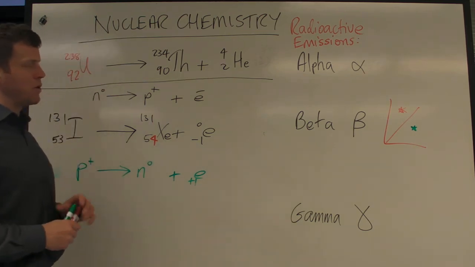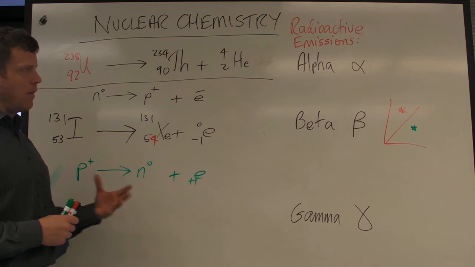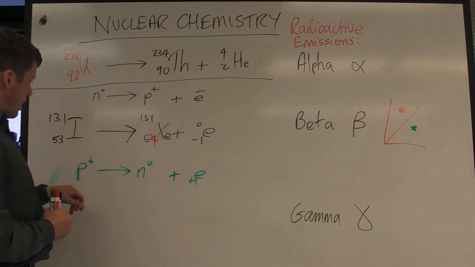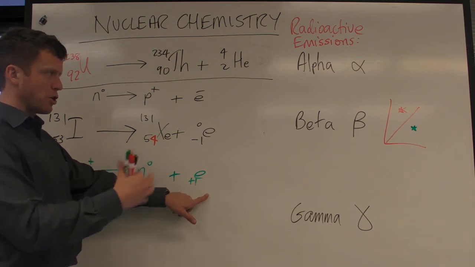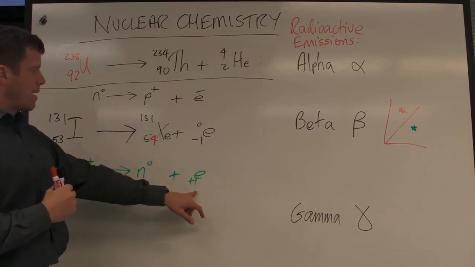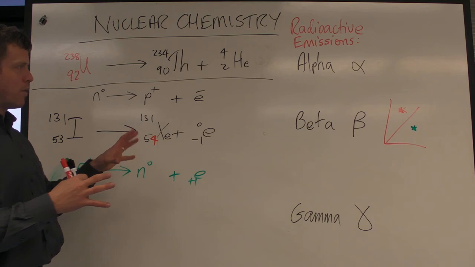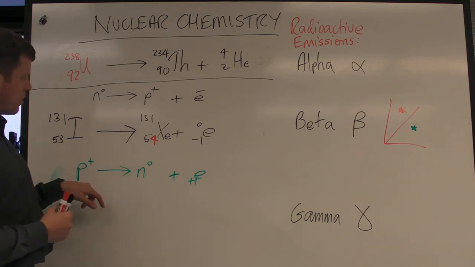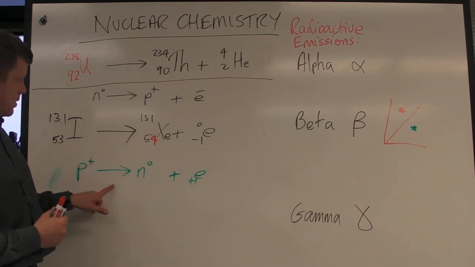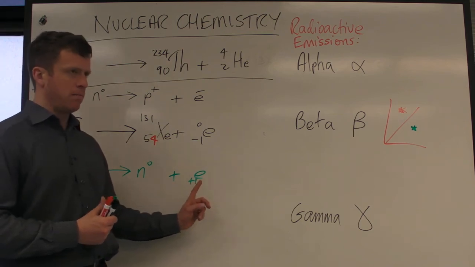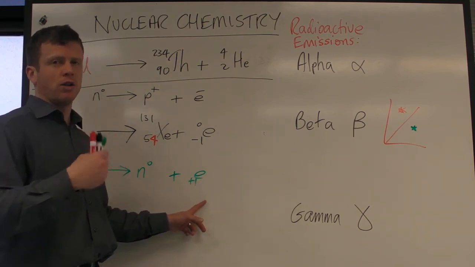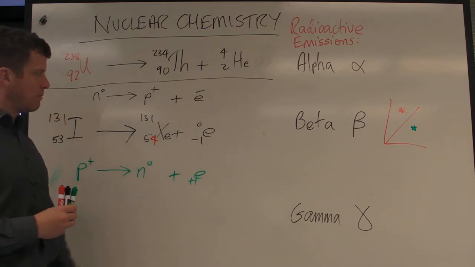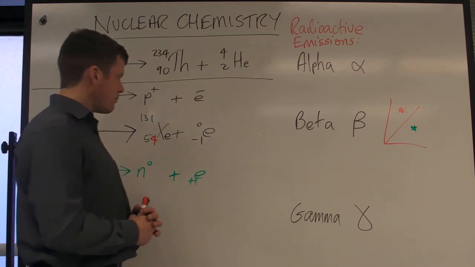Again, we're not going to go into too much detail on this in this video, because it becomes a conversation about quarks, which is perhaps not where we want to go with a brand new topic. But a proton decays into a neutron and not an electron, but think of a positively charged electron or an antimatter electron. Positron is the official name for it.